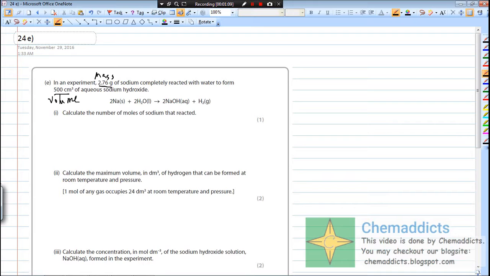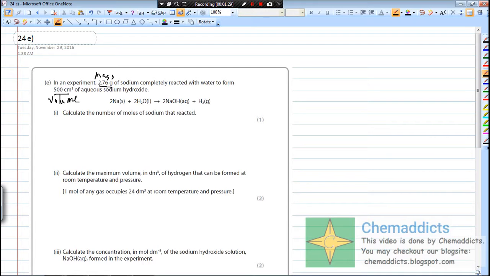Calculate the number of moles of sodium that reacted. So here we need to write this formula.